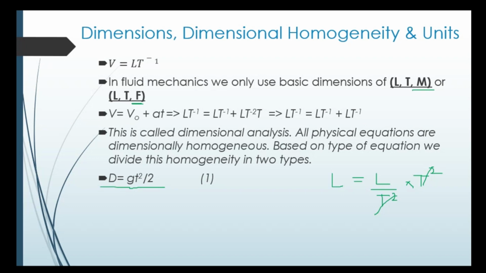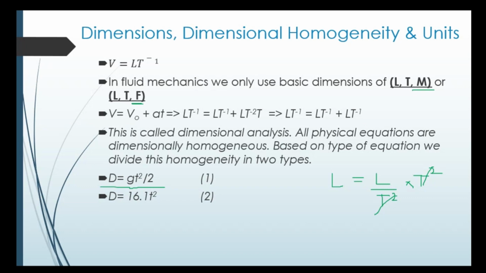It has no unit. On the other hand, if I restrict the value of g to a certain unit system, like in equation number 2, I have restricted the value of g to feet per second square. The value of g I have used here is 32.2 feet per second square. Now prove in SI system that this equation is homogeneous.